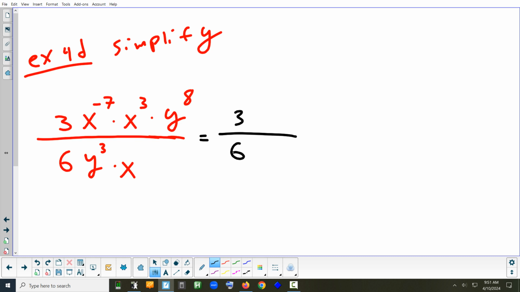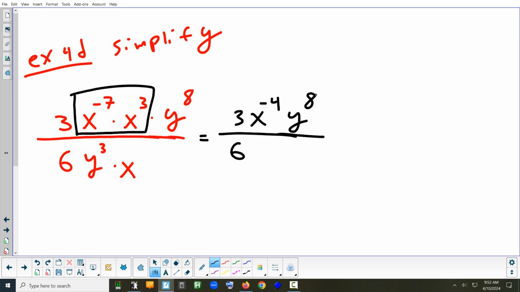The x to the negative 7th power and the x to the 3rd. When you multiply two things with the same base, what do you do with your exponents? Add. So what's negative 7 plus 3? Negative 4. Yep. What's still in the top that we didn't do anything to yet? y to the 8th.